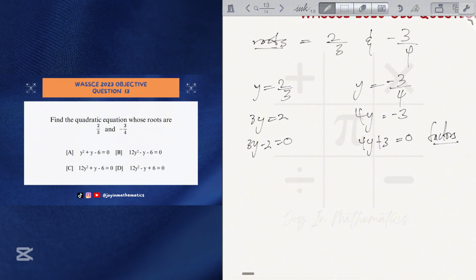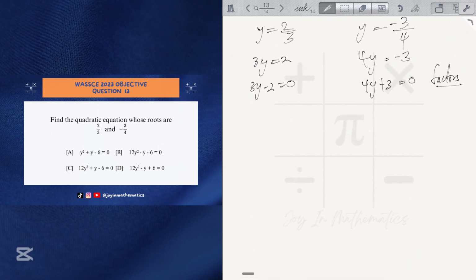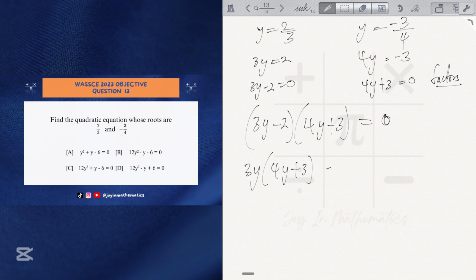So the quadratic equation now will just be the multiplication of the factors. That means we have 3y minus 2 being multiplied by 4y plus 3, equal to 0. When we multiply this out, we'll have the quadratic equation. So we'll have 3y multiplied by 4y plus 3, minus 2 multiplied by 4y plus 3, equal to 0.